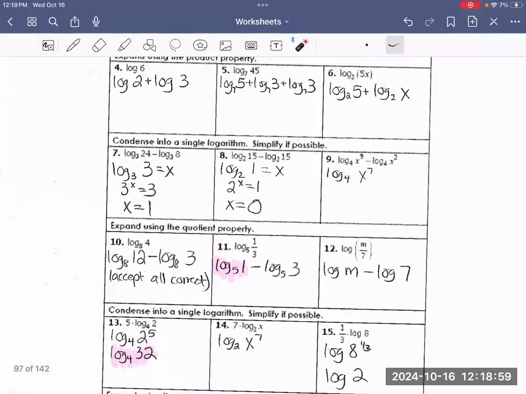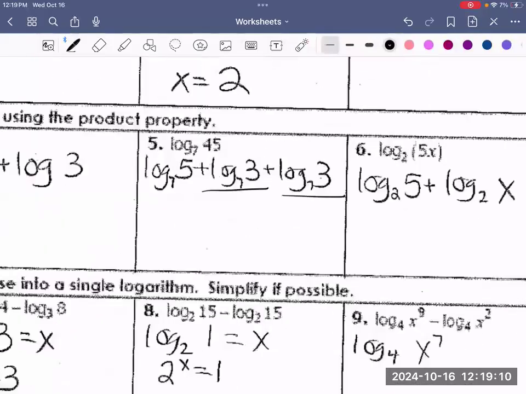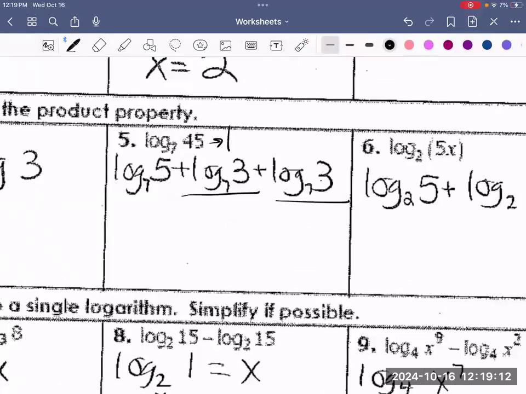I think that was it as far as some of these went. Yeah, for number 5, they really expanded them a little bit further. The reason why they did this one 2 3's is that if you broke it up as log base 7 of 5 times 9, they just took it a step further as being 3 squared. Not super essential.